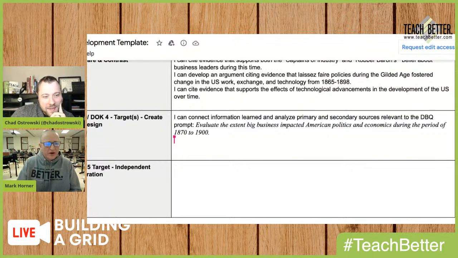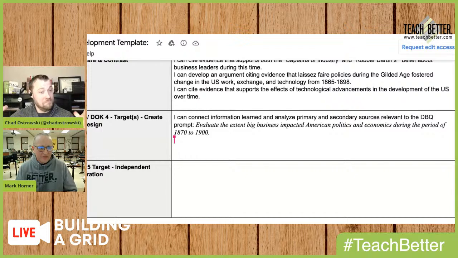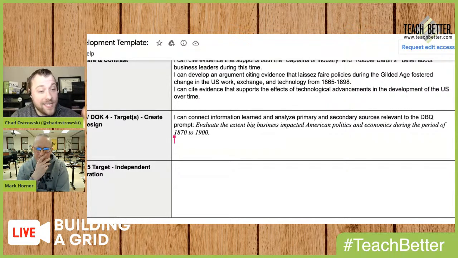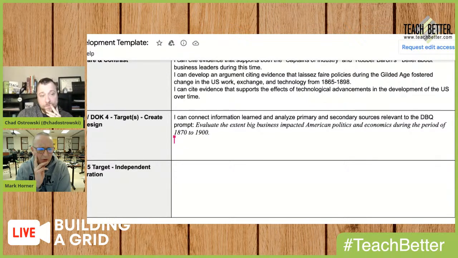I gave them the opportunity on DOK 4 to defend citing evidence, well, so that's DOK 3, but I'm trying to figure out how they could actually elevate that. I mean, creating a presentation or a political cartoon to sway an audience would be DOK level 4. Creating a TED talk or a speech to sway someone, creating a cohesive case against or for someone could be DOK level 4. I'm okay with that. Okay.